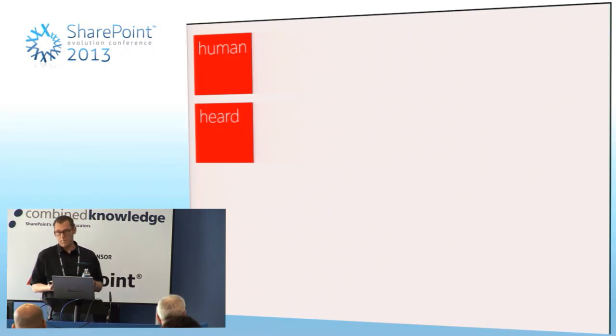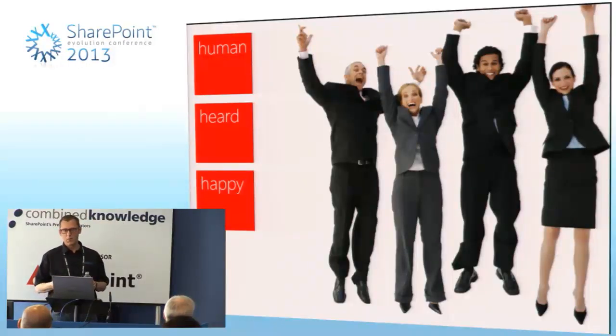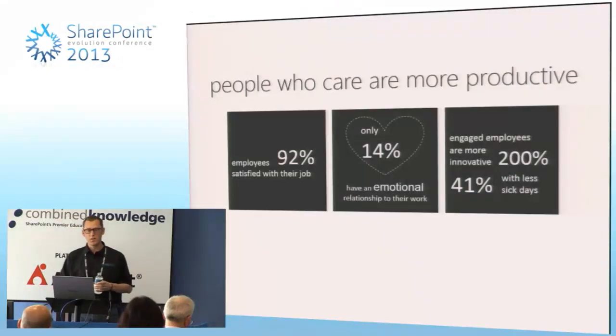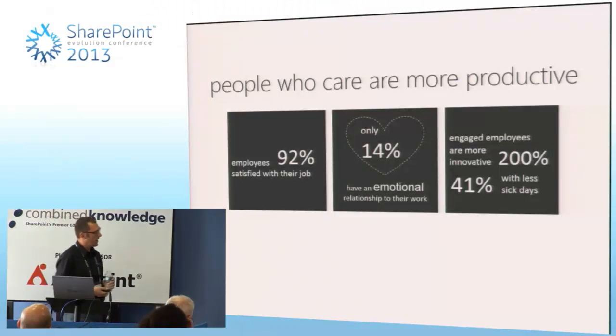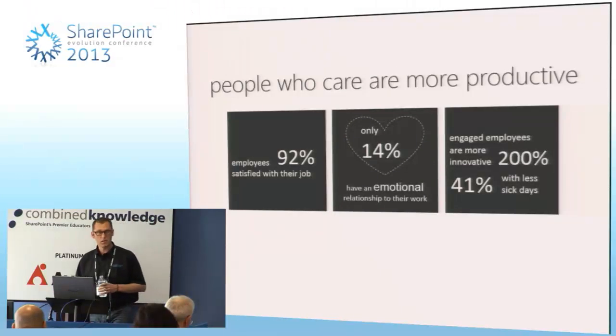And if people are in the center, and a really simple example is if they have the feeling that they're being heard, or that they're contributing to the company, and their ideas are being heard, then of course they're more happy. And happier people, we all know what that means. So people who care, people who are engaged and are connected, and have an emotional relationship to their work, are likely to be more productive.